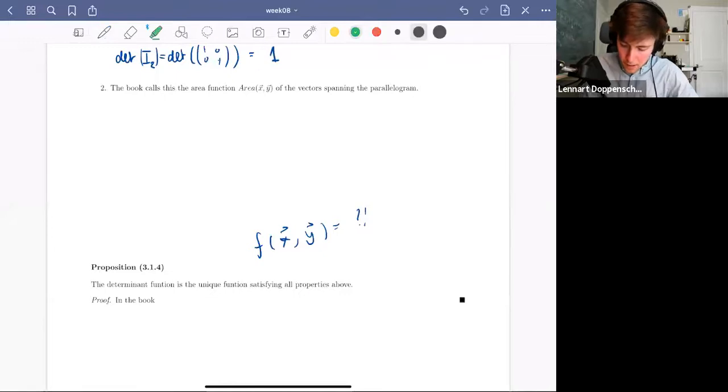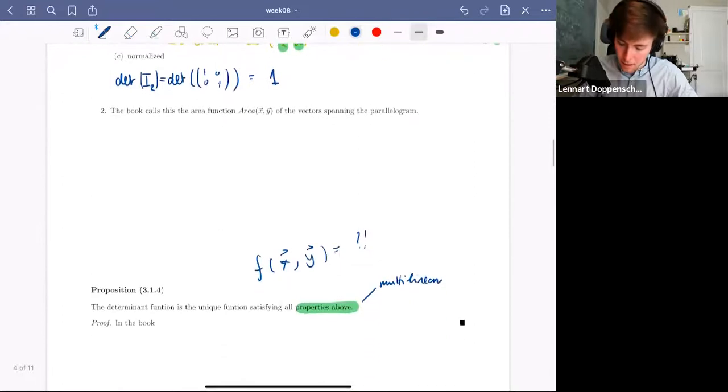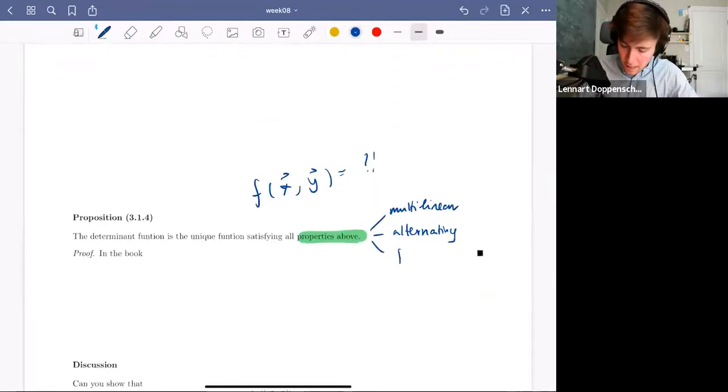These properties above, remember, were multilinear, i.e. in this case, linear in both arguments. It was alternating. And it was the fact that f of (1, 0) and (0, 1) should be equal to 1.